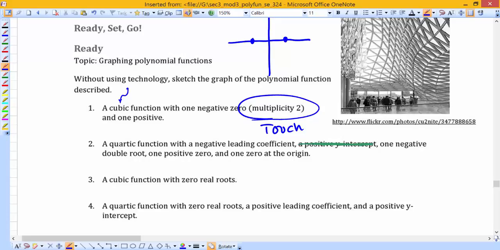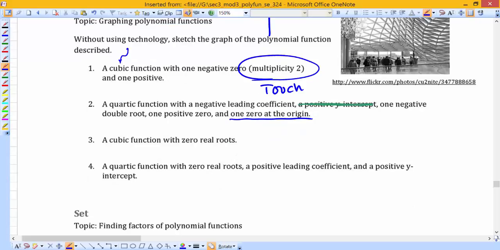So that's why I had to get rid of a positive y-intercept, because you have a zero at the origin. That is the y-intercept. You can't have 2 y-intercepts here. It would not be a polynomial function. So that was a huge typo here. So don't pay attention to the positive y-intercept. Get rid of that. Number 3, a cubic function with 0 real roots.